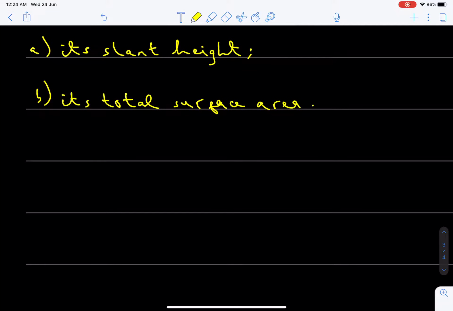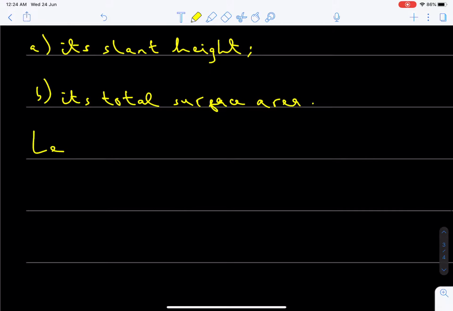Leave the answers in terms of pi. That means we are just leaving pi as it is.